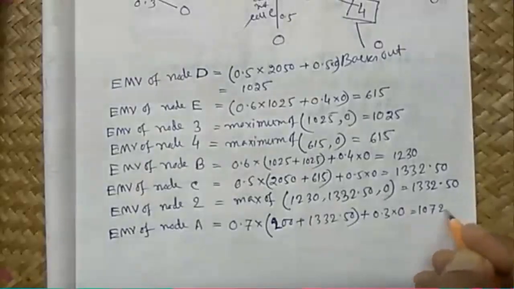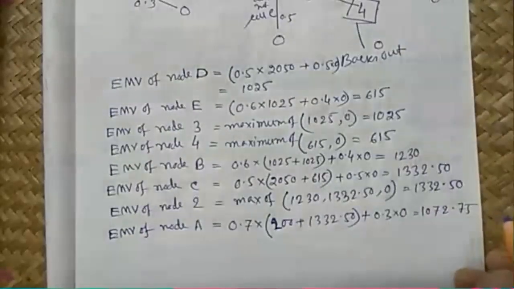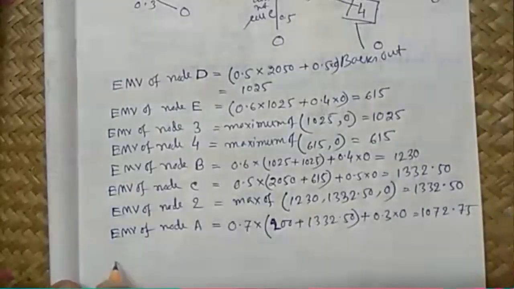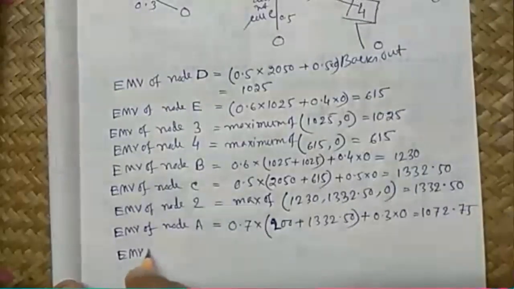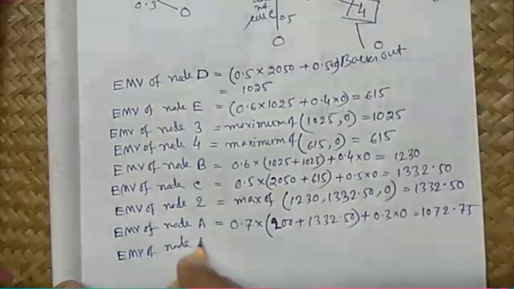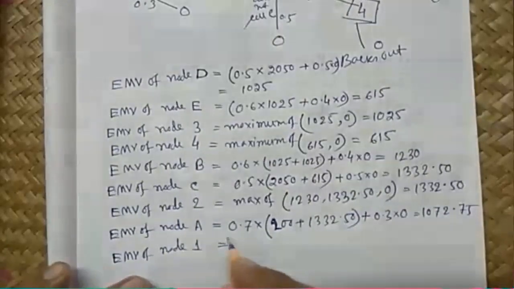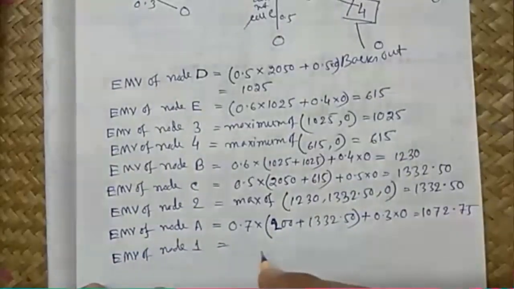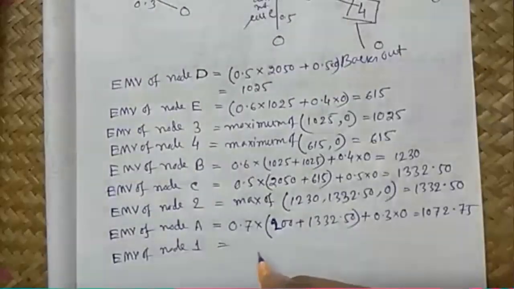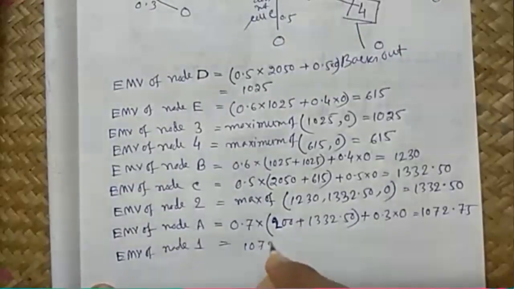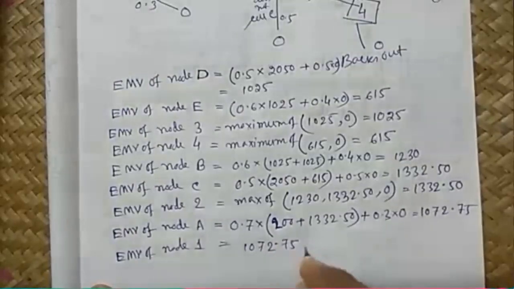That will give you 1072.75, and EMV of node 1 will be just, there is only one option, 1072.75.